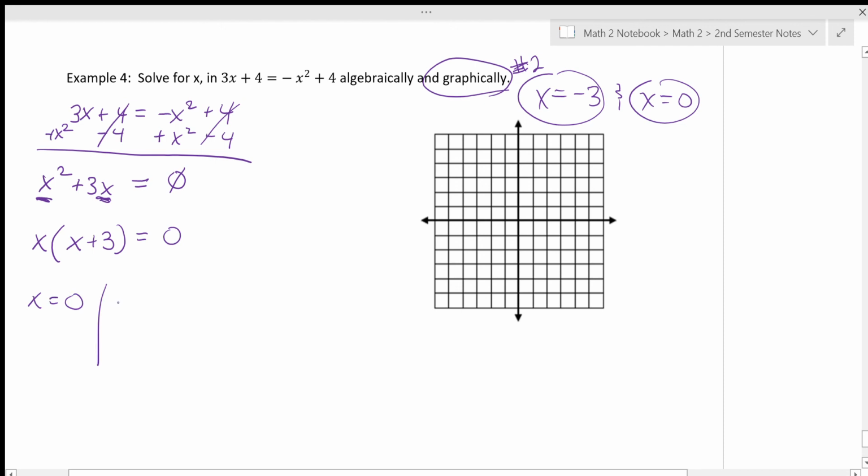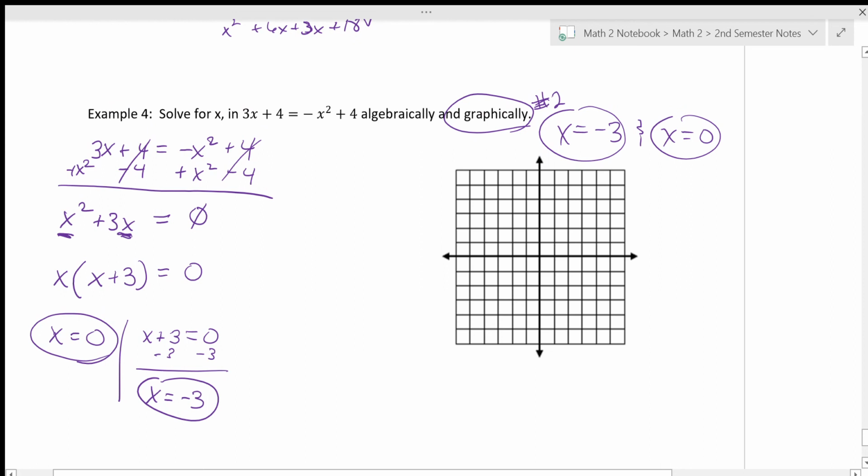So I have x equals 0, and then I have x plus 3 equals 0. So x equals 0 is already done. I don't have to solve it further. This I need to subtract 3 from both sides. So I get x equals negative 3. So my two x solutions are 0 and negative 3, which are the same that I had when I solved it graphically.